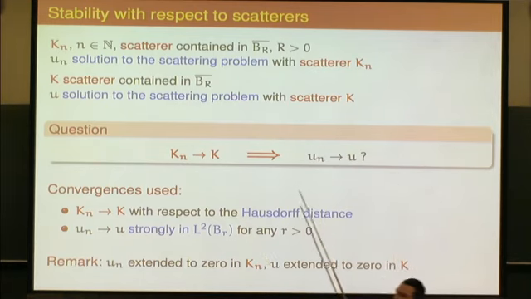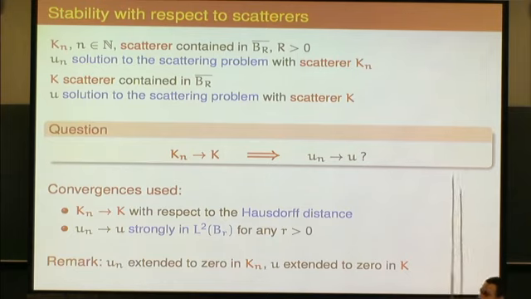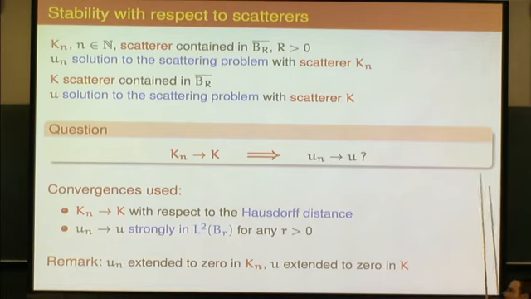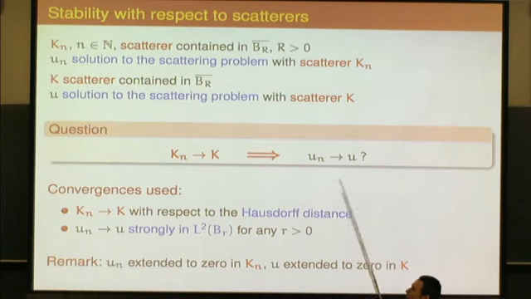And of course, this question is trivial if you have enough regularity, but if you allow Kn to be almost anything, this is not trivial at all, because it's well known that even for uniformly elliptic problems, if you do the problem for the Neumann case, the stability with respect to variation of a domain is simply not true.